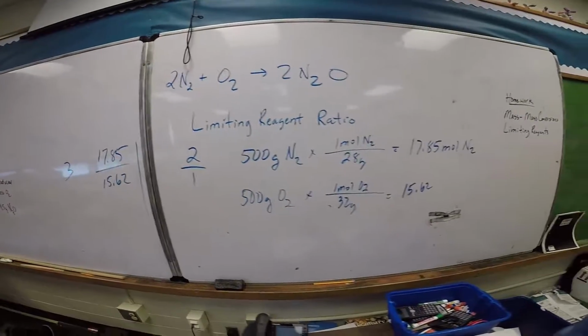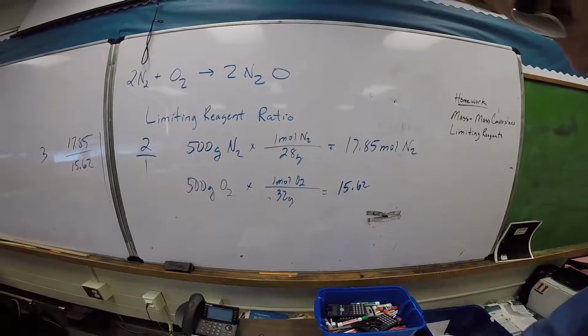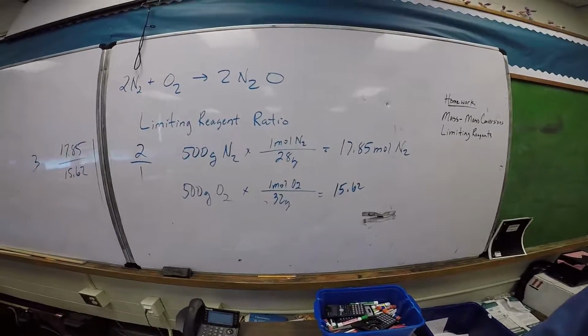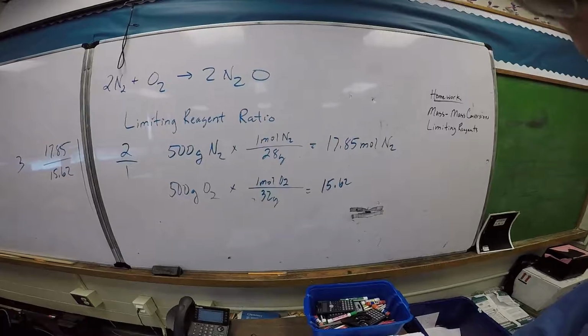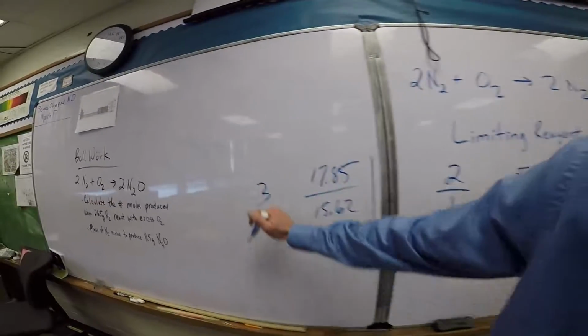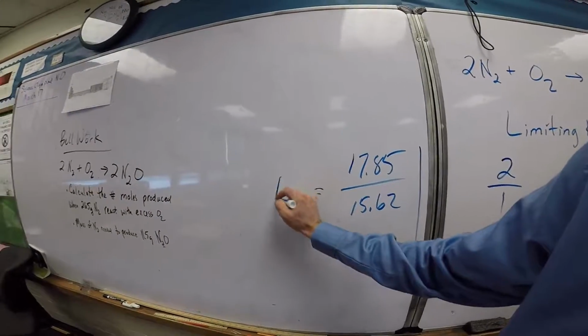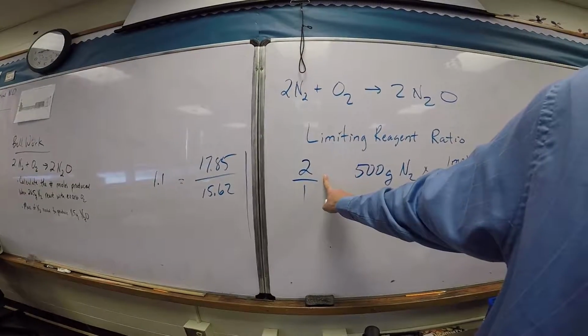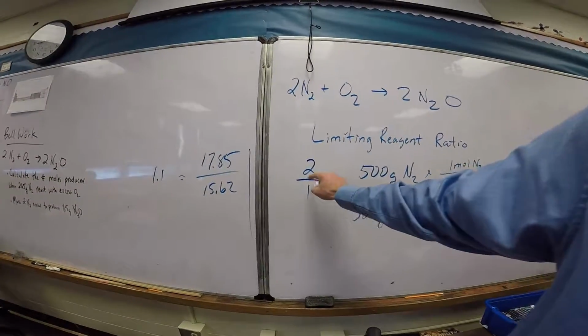So we take 17.85 divided by 15.62, and you got 1.1. This equals 1.1. So this is less than 2, right? Cody, you might want to write this down. So this one's going to be limiting.